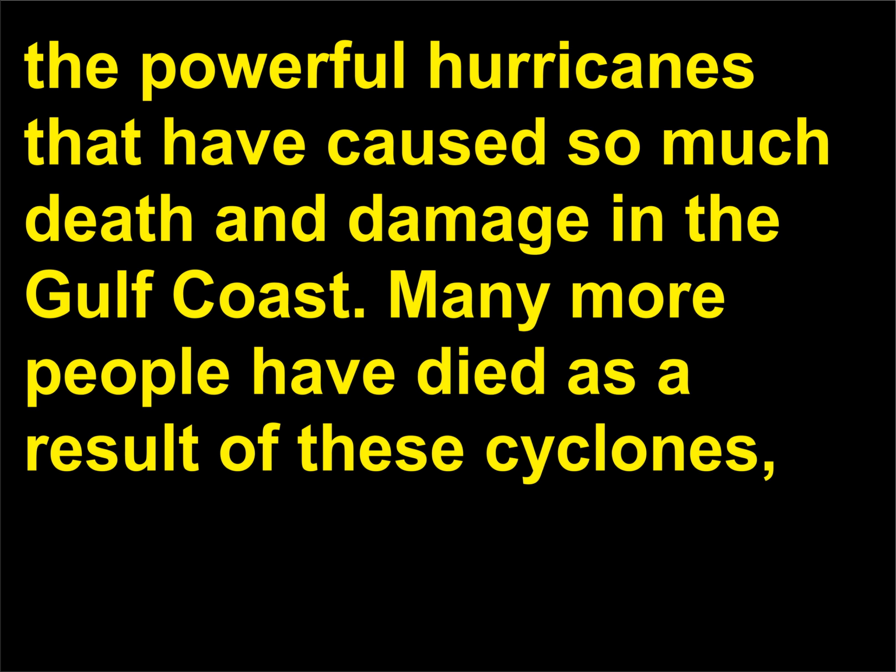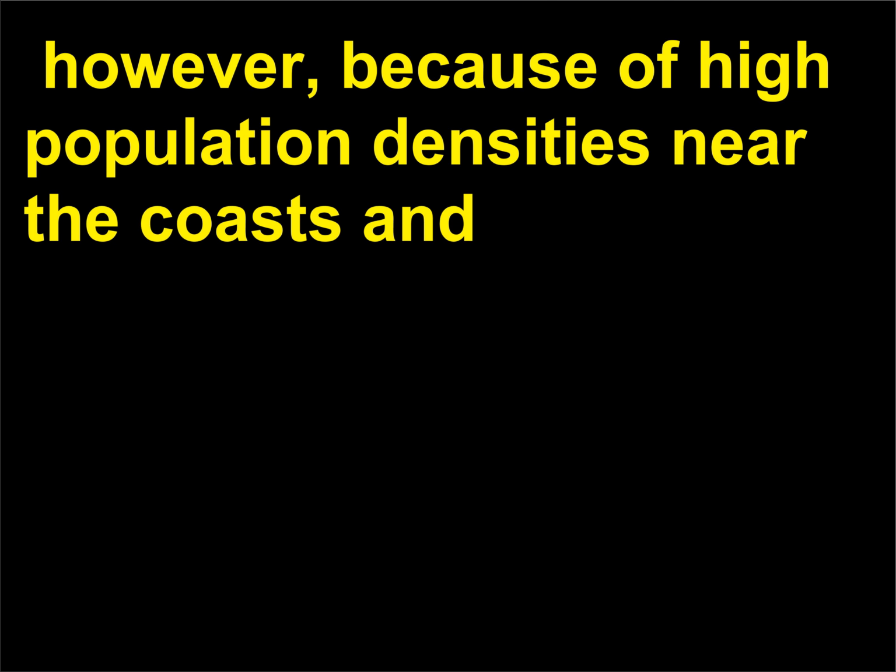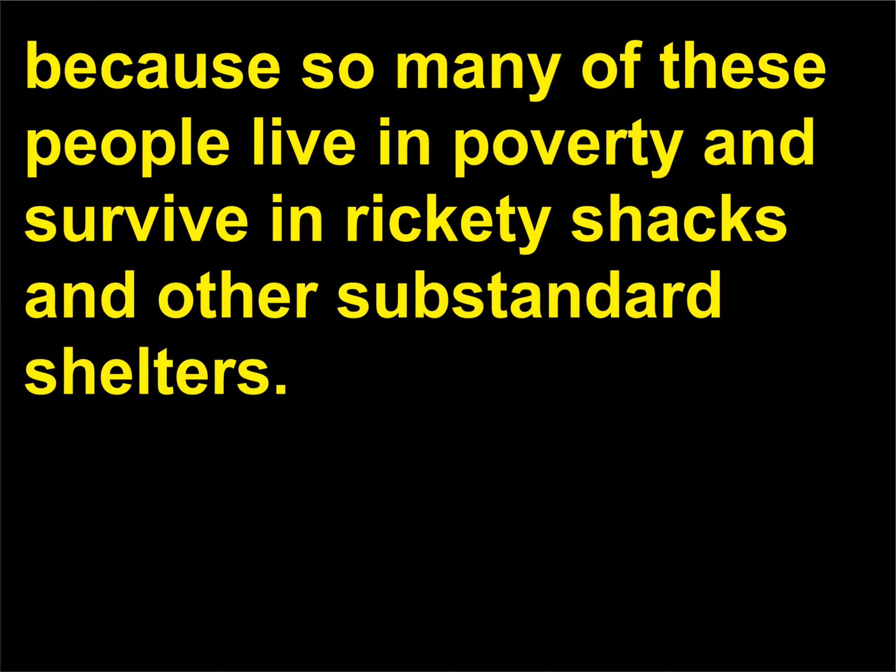Many more people have died as a result of these cyclones. However, because of high population densities near the coasts and because so many of these people live in poverty and survive in rickety shacks and other substandard shelters.